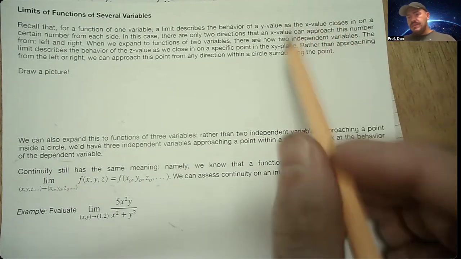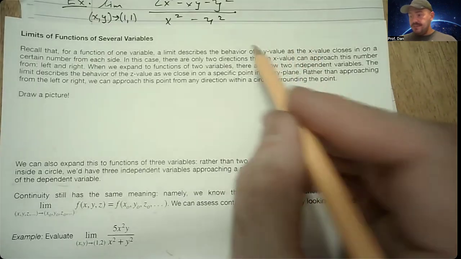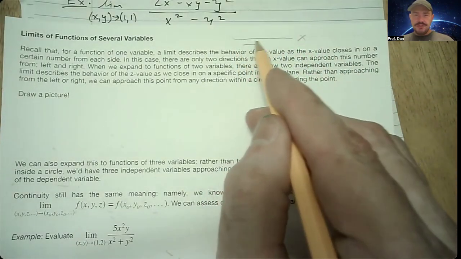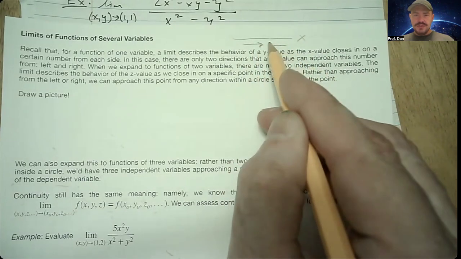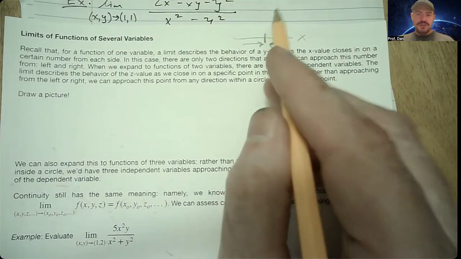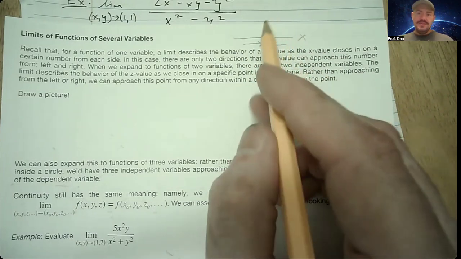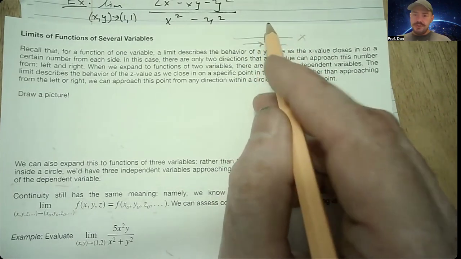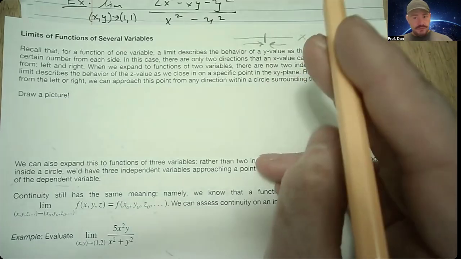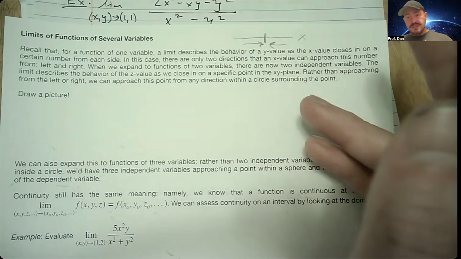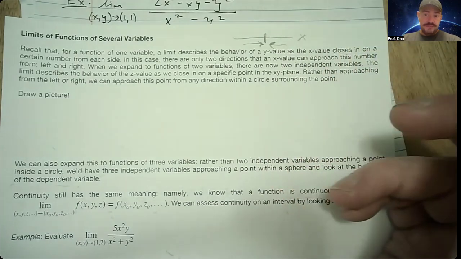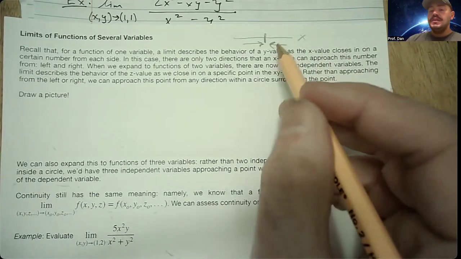You could think of it like a number line, where this number line represents your x, you are getting closer and closer to some value of interest right here, and you're looking at what the y coordinate is doing. If the y coordinate were getting closer and closer to some number from both above and below, then you would say the limit exists. The limit is equal to whatever number y is approaching.